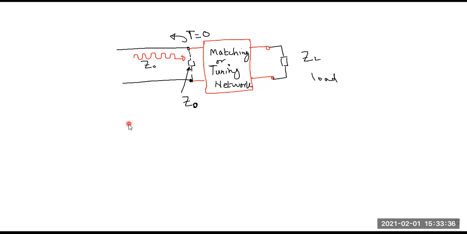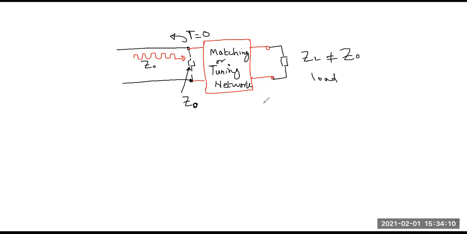This is how you can understand the behavior, the operation, or the characteristic of a matching network. This is what all matching networks will ultimately do. They will transform a mismatched load impedance to a matched load impedance, because this was our problem: ZL was not equal to Z naught.